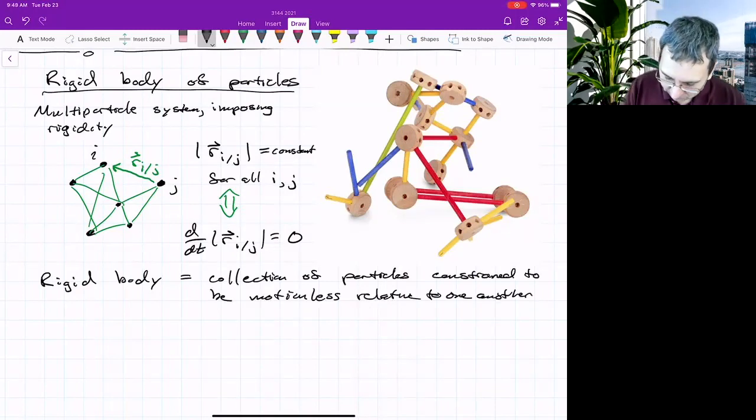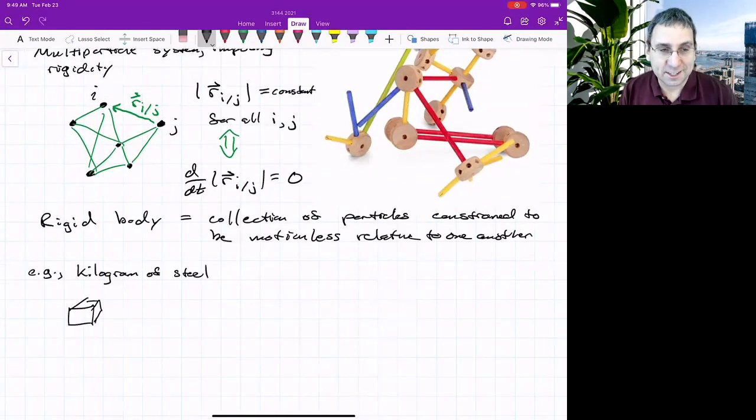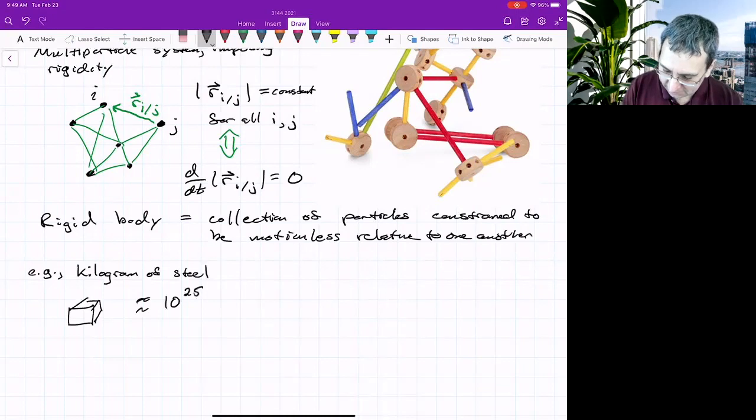So for example, in a kilogram of steel, here's a picture of some steel. Inside of this are, I don't know, a lot of atoms. I'll say 10 to the 25, something ridiculous, right? We're not going to deal with 10 to the 25 particles.